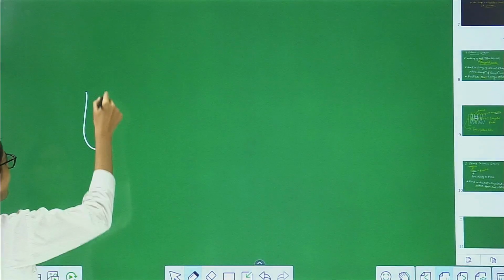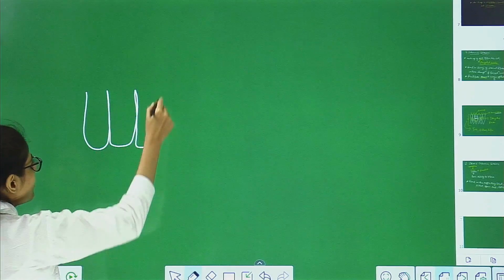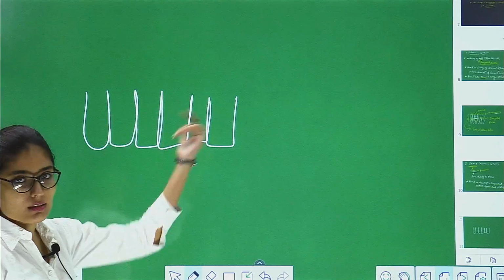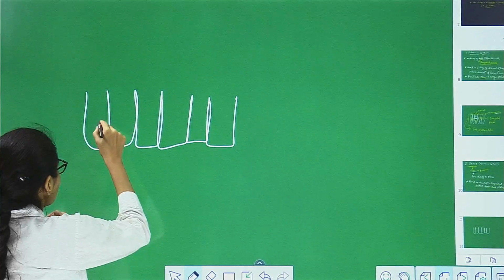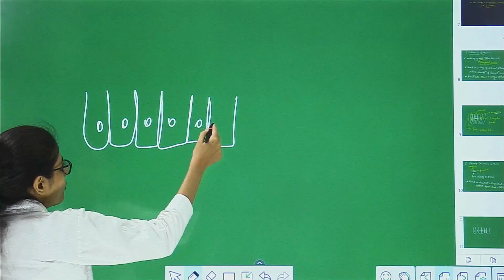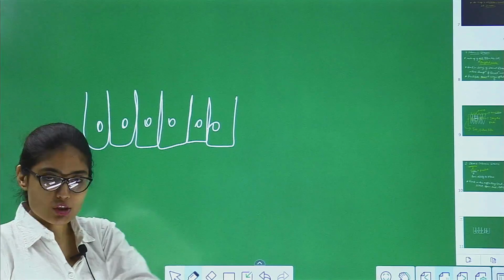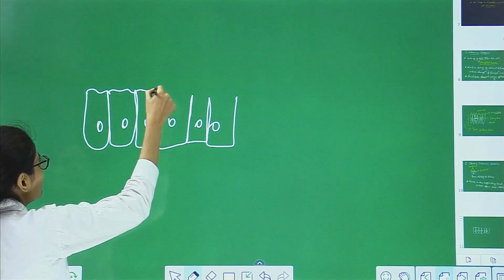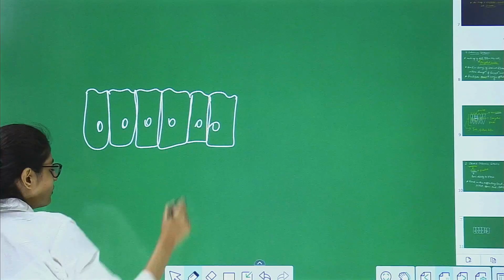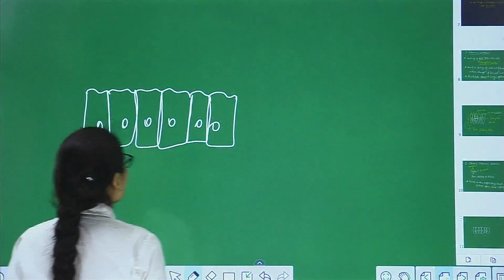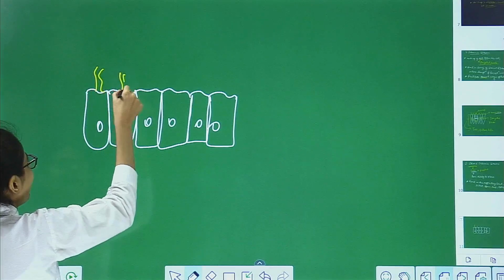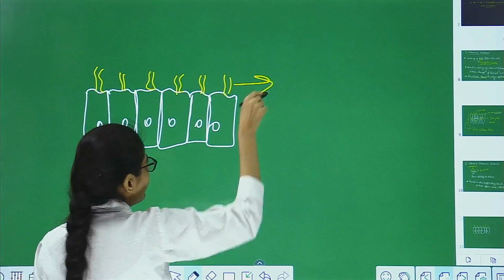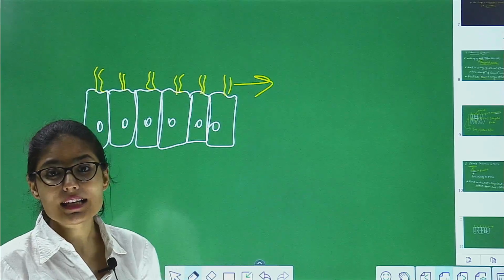Just a diagram example to make you understand. They are columnar, that means they will be tall, pillar like what we have seen earlier. Their nuclei, everything will be same just like the columnar one, but यहाँ पे एक छोटा सा difference ये हो जाएगा, यहाँ पे hair like structure present होंगे, and this hair like structure is known as cilia.